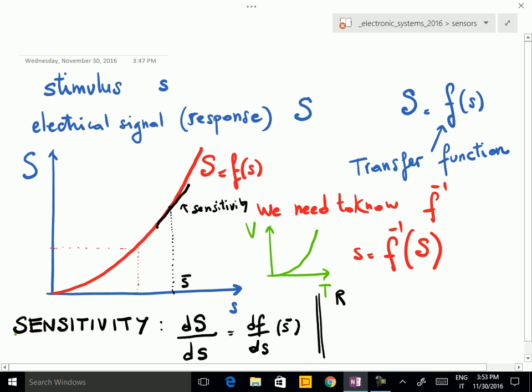We also sometimes use the relative sensitivity, which is the sensitivity divided by the response.